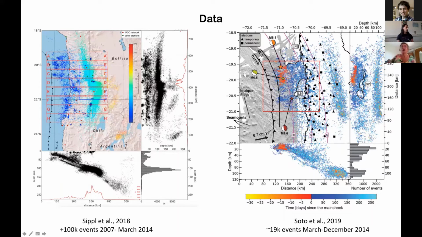One for the interseismic period, which comprises more than 100,000 events from 2007 to March 2014. And the other catalog is for the post-seismic period, which goes from April 2014 to December 2014, and includes 19,000 events.